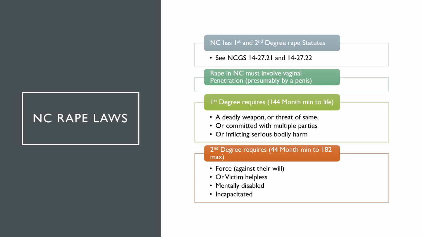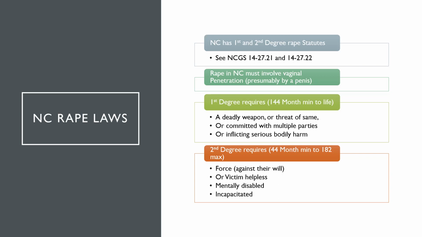To make it first-degree rape, you have to have that first component: there is a vaginal penetration by penis. And the party who did this used a deadly weapon or a threat of it, or they committed this act with multiple parties, to use a common law or a common term, it was a gang rape, or you inflicted serious bodily harm.